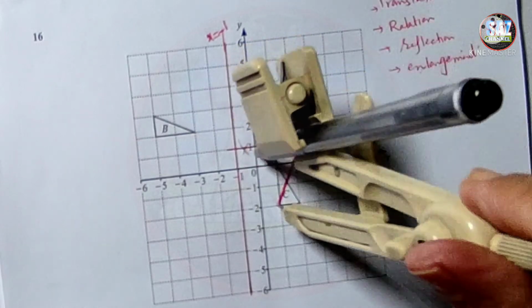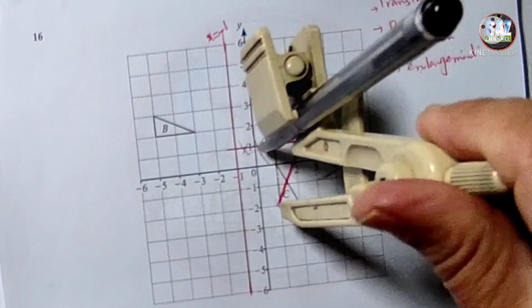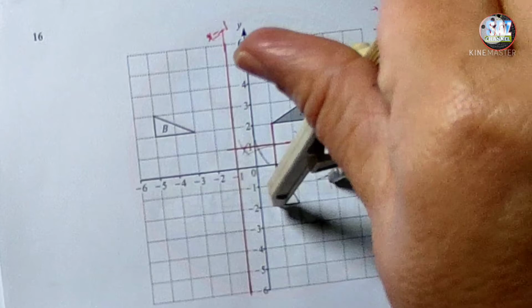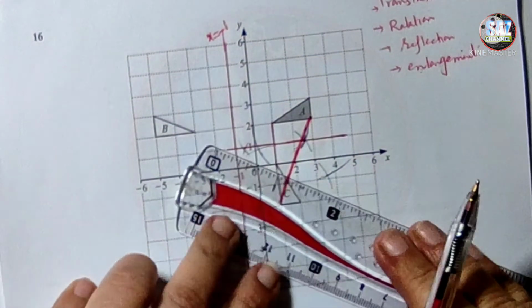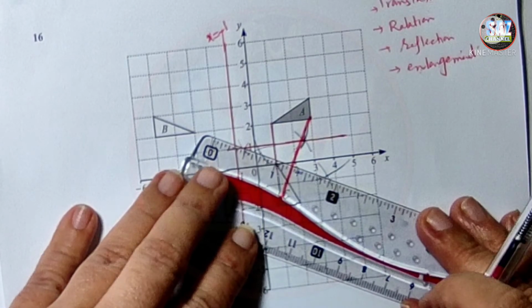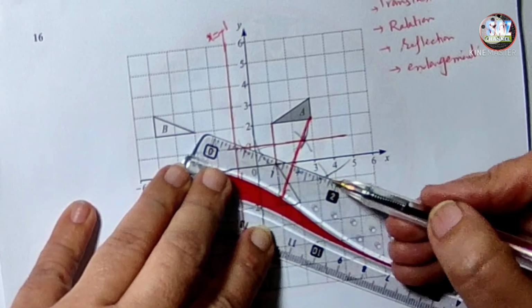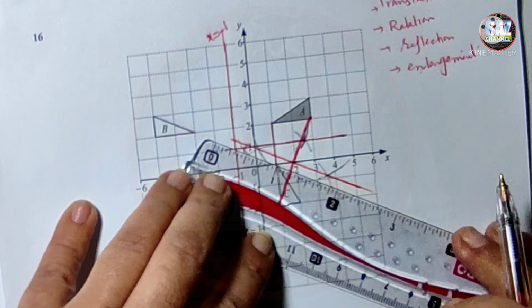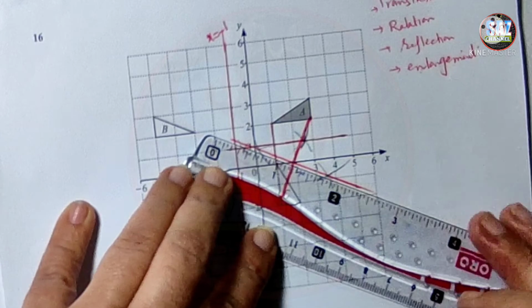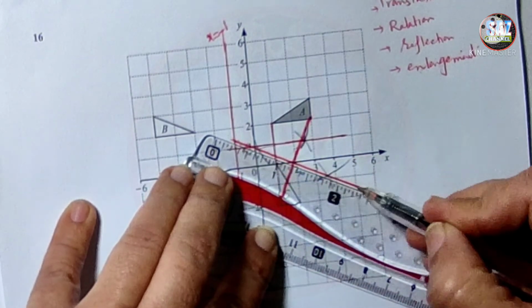I have to open the arm of the compass a little more than half of the baseline, and then draw 2 arcs, one above and one below this line. I'm going really slow so that my students can understand all this working properly.